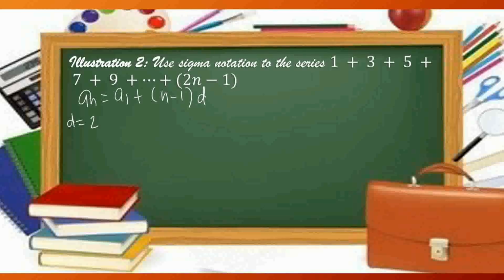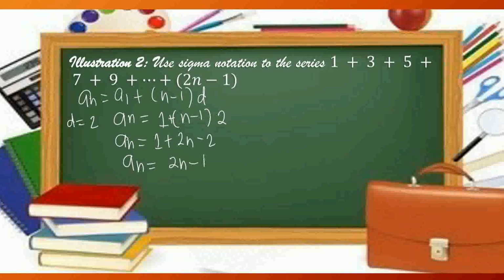So 3 minus 1 is 2, or 5 minus 3 is 2, or 9 minus 7 is also equal to 2. So we will substitute a sub 1, which is 1, plus n minus 1 times our common difference, which is equal to 2. So 1 plus 2n minus 2. So a sub n is equal to 2n minus 1.